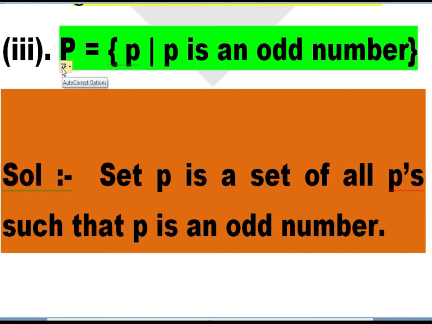P is a set. How to read this? Set P is the set of all p such that p is an odd number. Got it? Go for next.